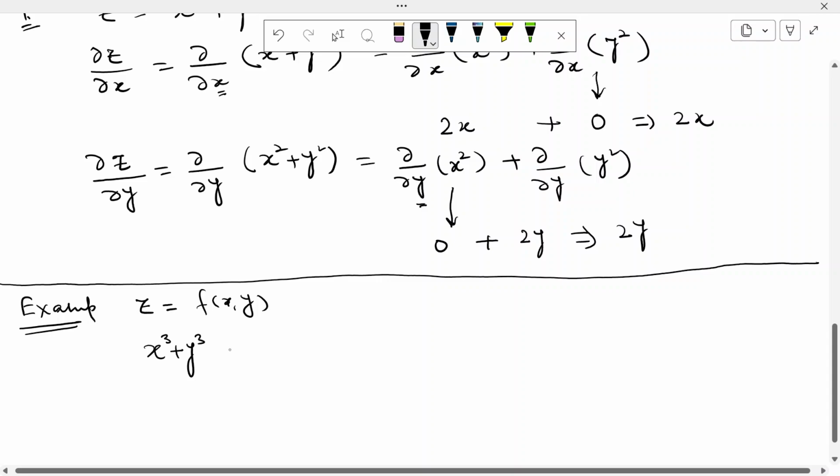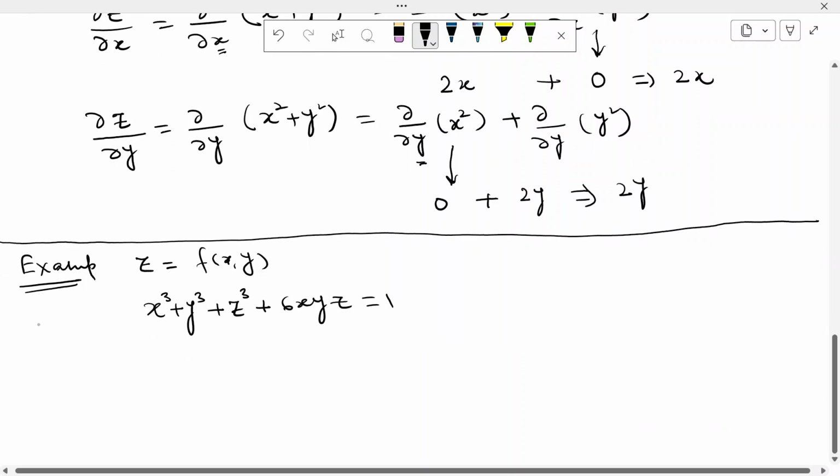All three variables, meaning the independent as well as the dependent variables, are connected like this. This is the case of an implicit function, because z is a function of x and y, but it appears itself in this expression.